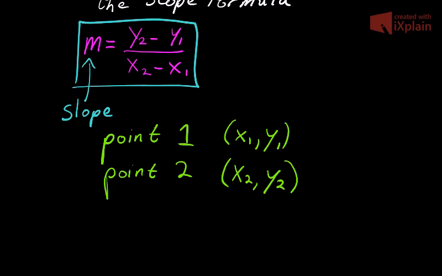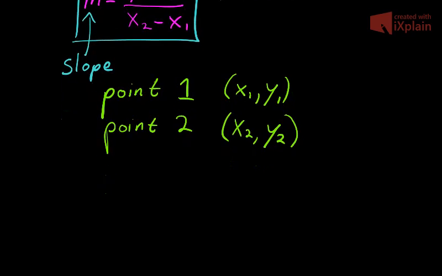These are going to be 2 points on our line that we are trying to find the slope of. It doesn't really matter what points they are, so long as we know which one is point 1 and point 2. All we have to do is use our formula, and from there we are going to figure out our slope.